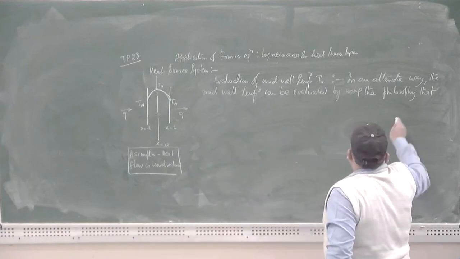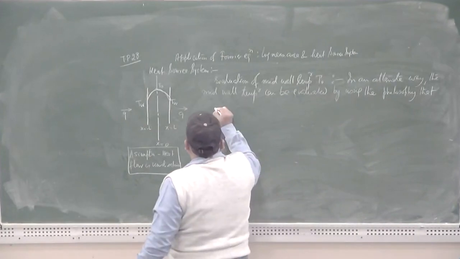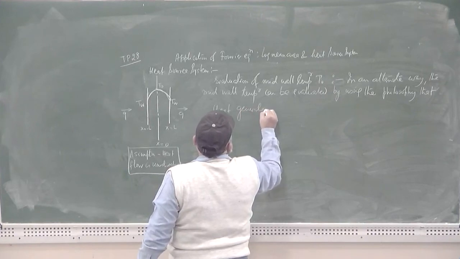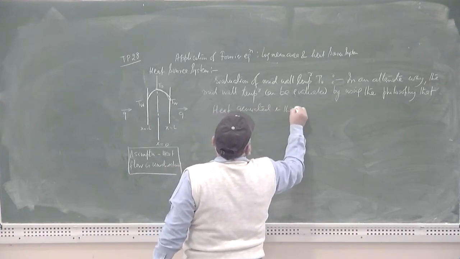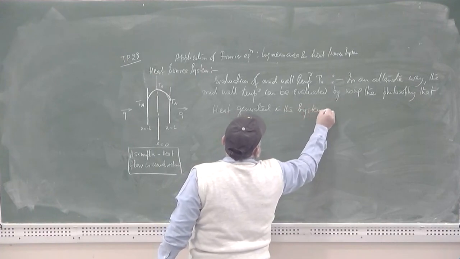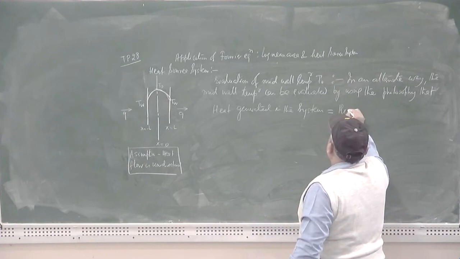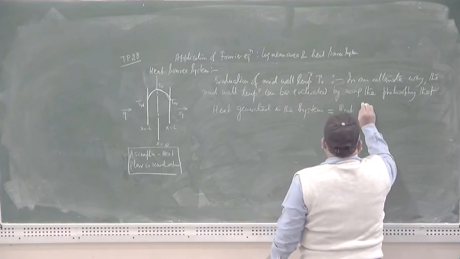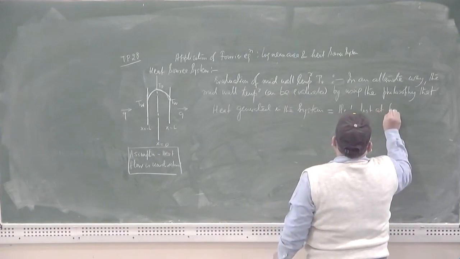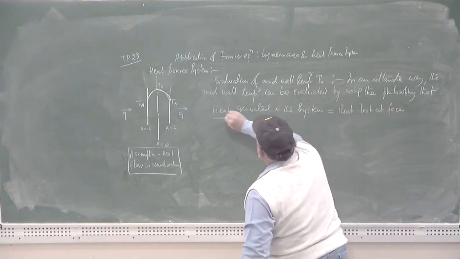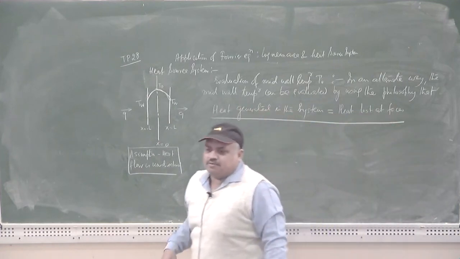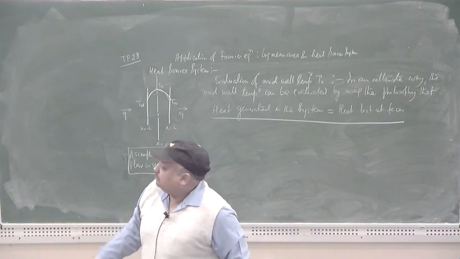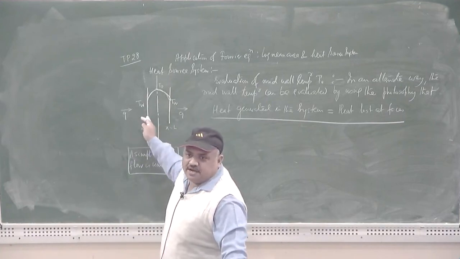So, the philosophy is the heat generated should be equal to heat lost at phases. By utilizing this philosophy, the entire amount of heat which has been generated in this plane wall system needs to be dissipated through the wall at x equal to minus L and x equal to plus L.